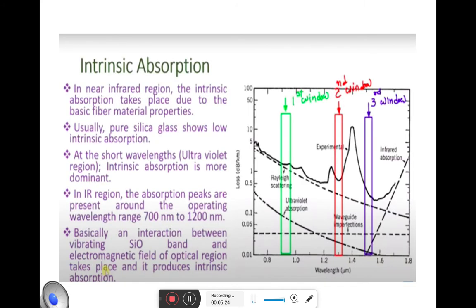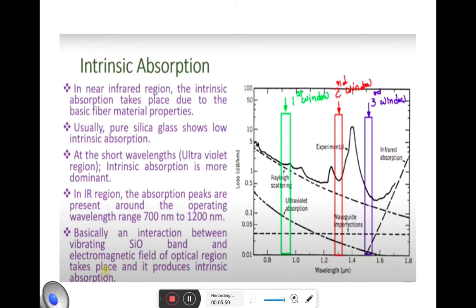Next is intrinsic absorption. Intrinsic absorption is mainly due to the materials used for the fabrication of optical fibers. As you all know, in most cases pure silica glass is used for the fabrication of optical fibers, and pure silica glass has relatively low intrinsic absorption. From the figure, we can see three windows of operation of optical communication.